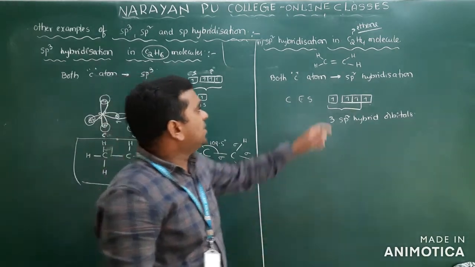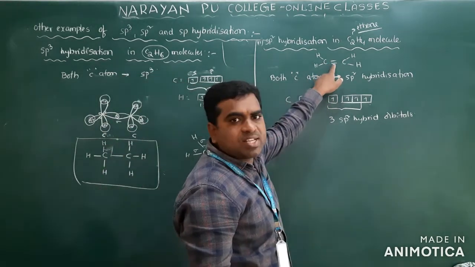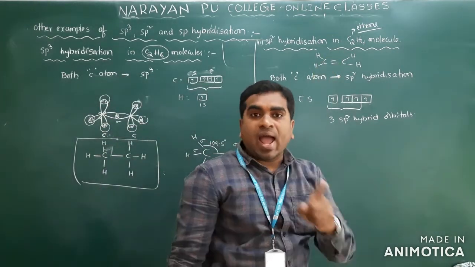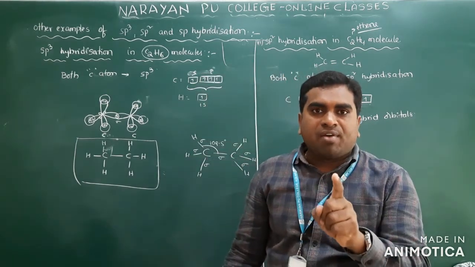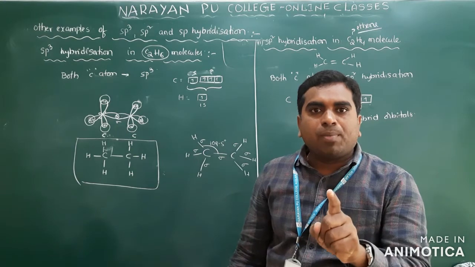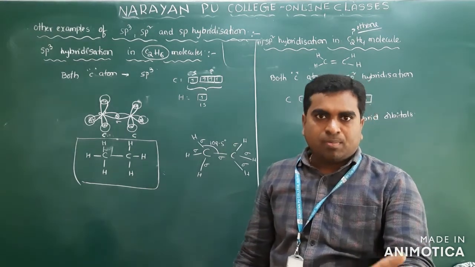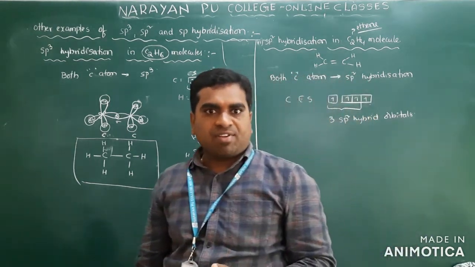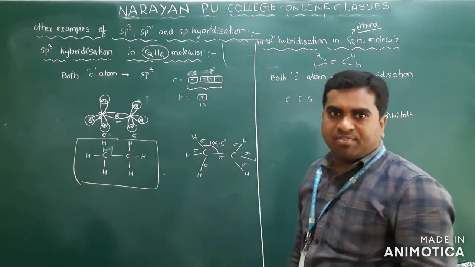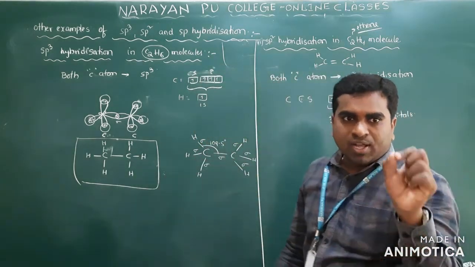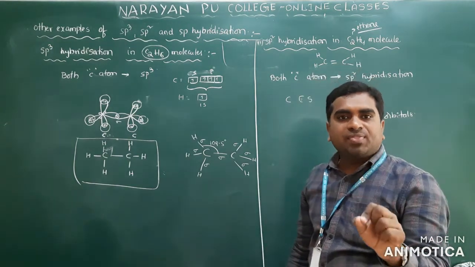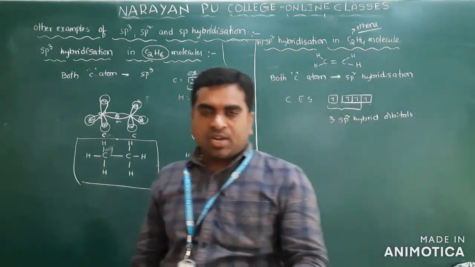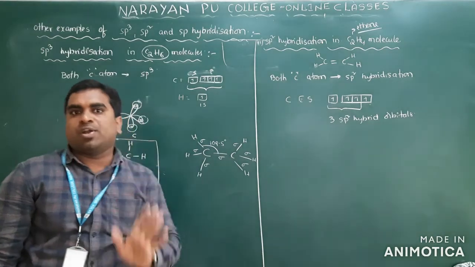Which bonds are there? One is a sigma bond, another one is a pi bond. I already mentioned that a hybrid orbital is never involved in the formation of a pi bond. Hybrid orbitals are only involved in sigma bond formation, not in pi bond formation. That point you have to remember.